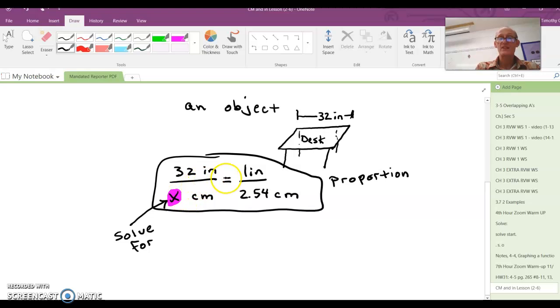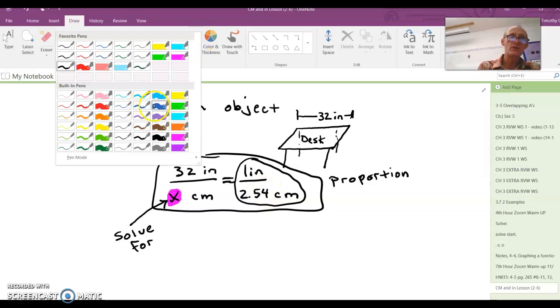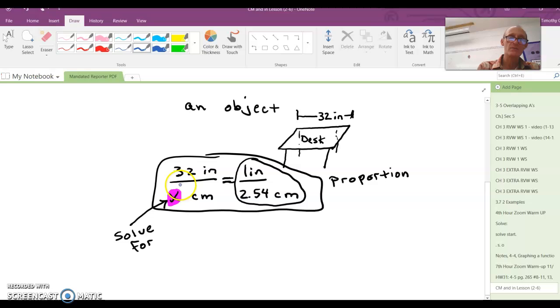Now, we set that equal to our fact. This is a ratio: 1 inch is 2.54 centimeters. So how do we solve this? Well, we use the butterfly method, and we set up an equation by cross-multiplying.